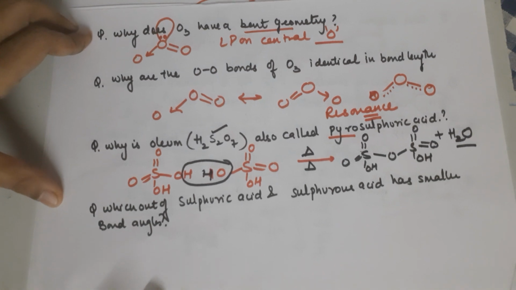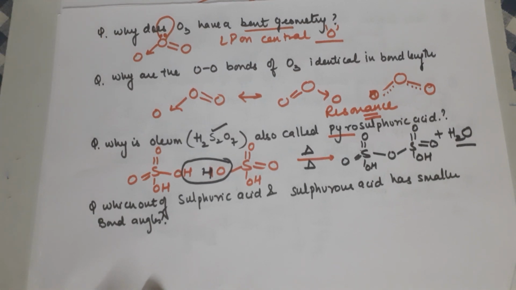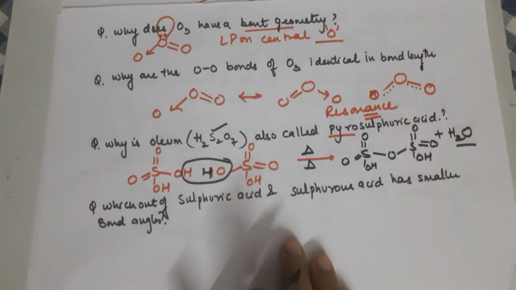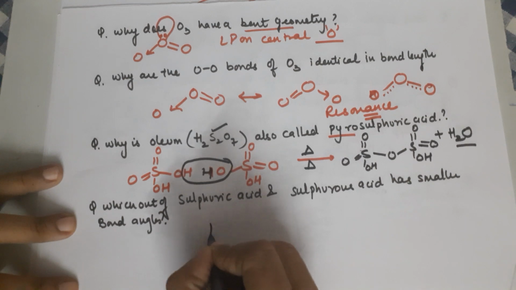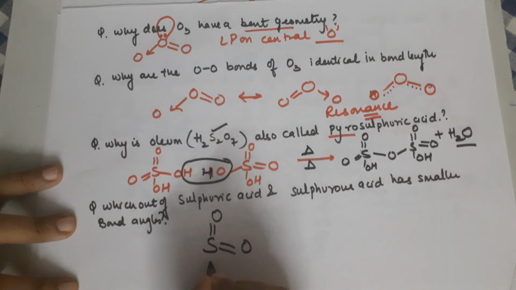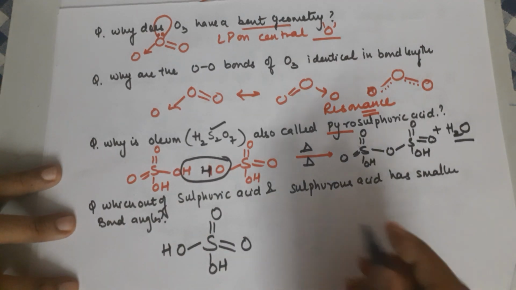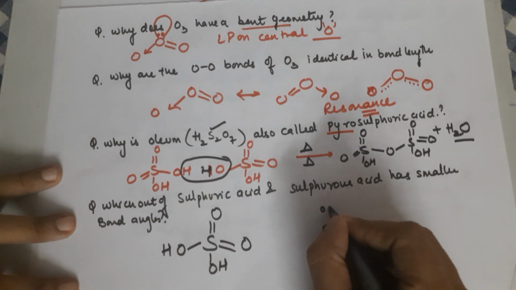Coming to the last, which out of sulfuric acid and sulfurous acid will have a smaller bond angle? Now, sulfuric acid has a structure like this, while sulfurous acid has a structure like this.